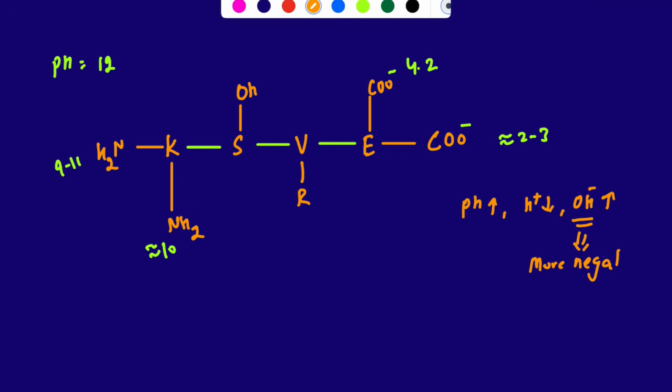Now, how much negative, you're going to have to look at their pKa values roughly to figure out how much negative they're going to become. So when you're looking at the net charge here, I have 0 on those amine groups right there, but then I have a minus 1 on this carboxylate group here, and a minus 1 on this carboxylate group here. So your net charge at the end of the day is going to be minus 2 here.